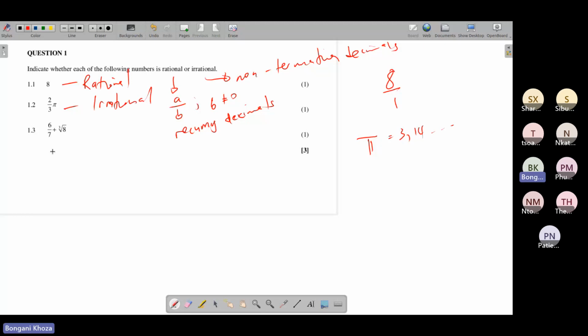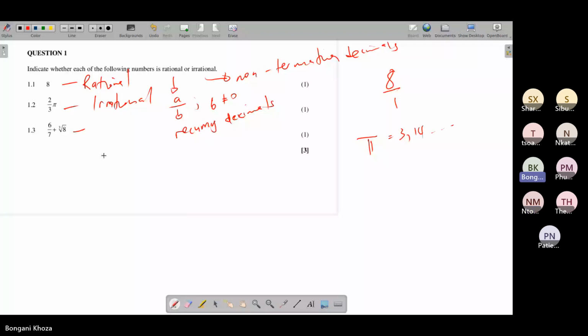And then 6 over 7 plus the cube root of 8, is that rational or irrational? Irrational. All right, let's check.